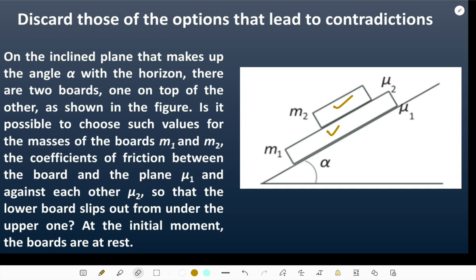Let's assume that yes, ये हो रहा है. Lower board is having a greater acceleration than the upper board. मैंने लोअर बोर्ड का acceleration A1 मान लिया, और ऊपर वाले का एक्सेलरेशन A2 मान लिया. And I assumed that A1 is greater than A2.